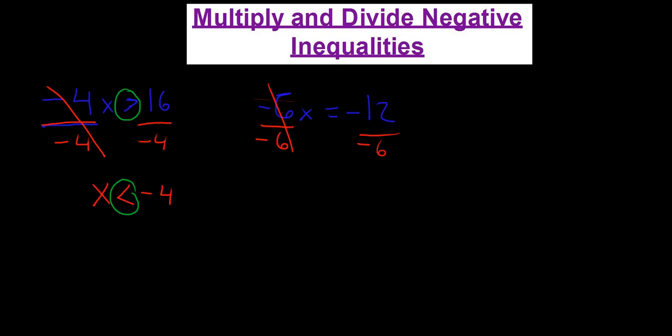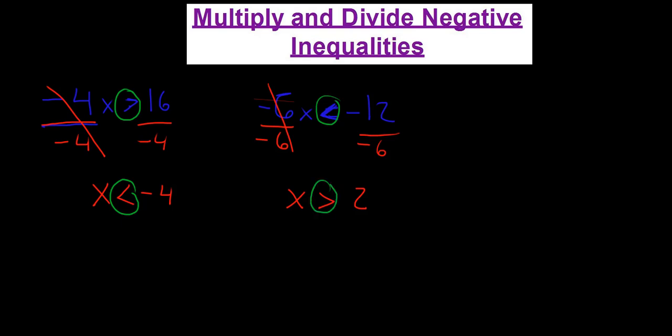Let me just switch this to an inequality, not an equal to sign, an inequality. I apologize about that. So what we have is x is now greater than 2. Negative 12 divided by negative 6, negative divided by negative is a positive. And of course we had to go ahead and flip that sign. Let me just circle that.